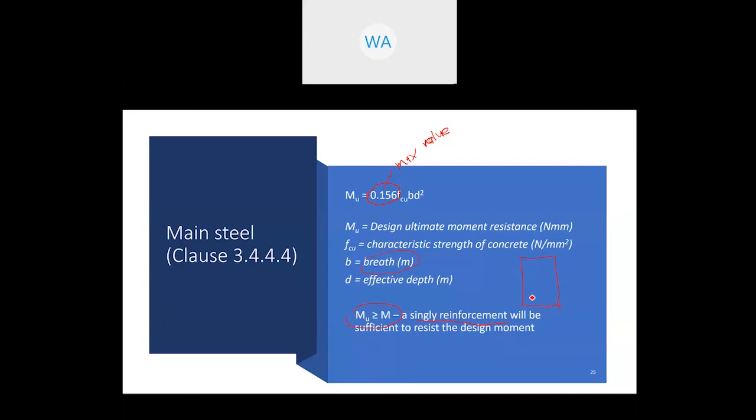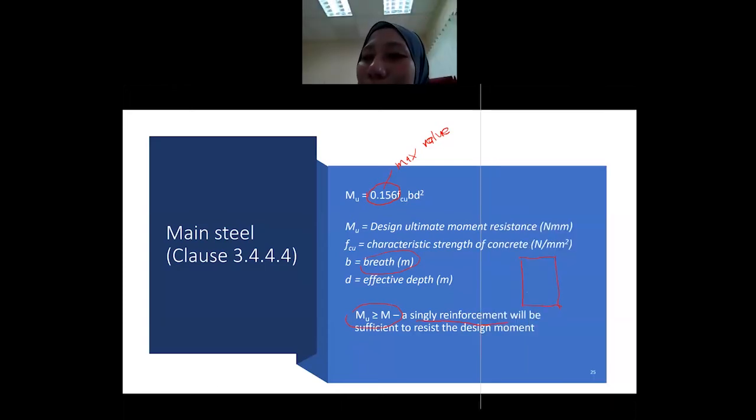So kat bawah ni, okay, so ini tadi I ada cerita kan. So kalau macam ni je, kita panggil dia as singly, because dia ada tension bar. Alright. Okay, however, kalau macam ni, dia ada bar lain kat atas. 1, 2, 3.